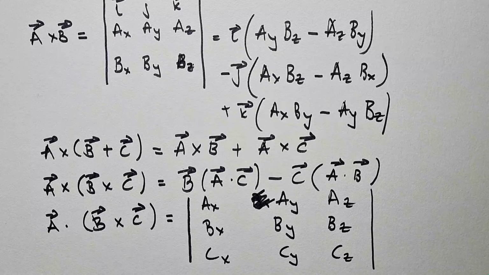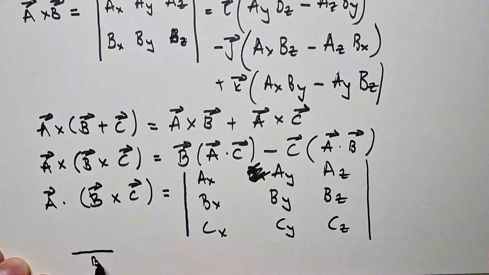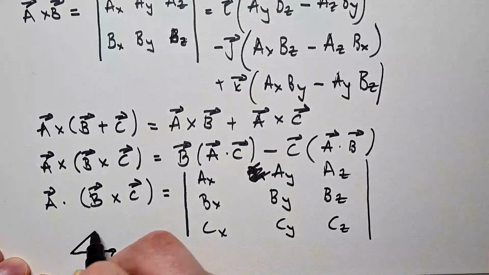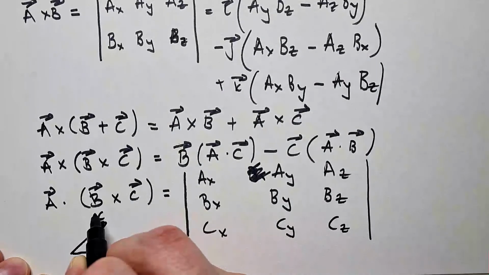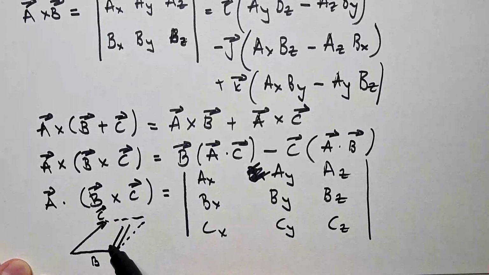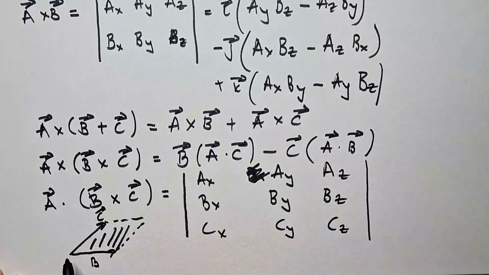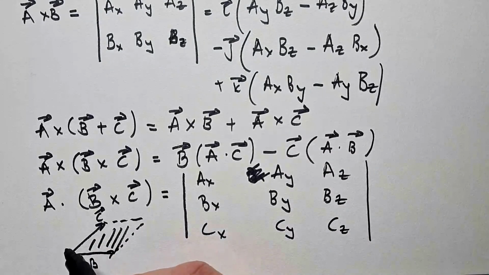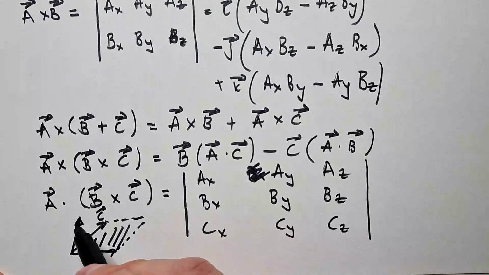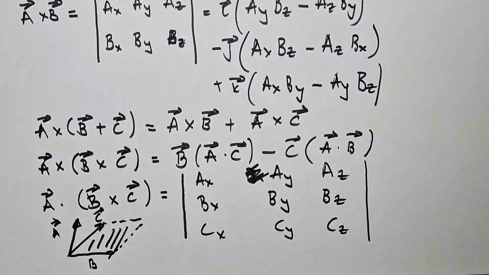parallelepiped defined by A, B, C. So we have, for example, here vector B, here is vector C. What is B cross C? That will be this area. We just discussed that a few minutes ago. And then I multiply that with vector A, let's say like this, vector A. I multiply using dot product.